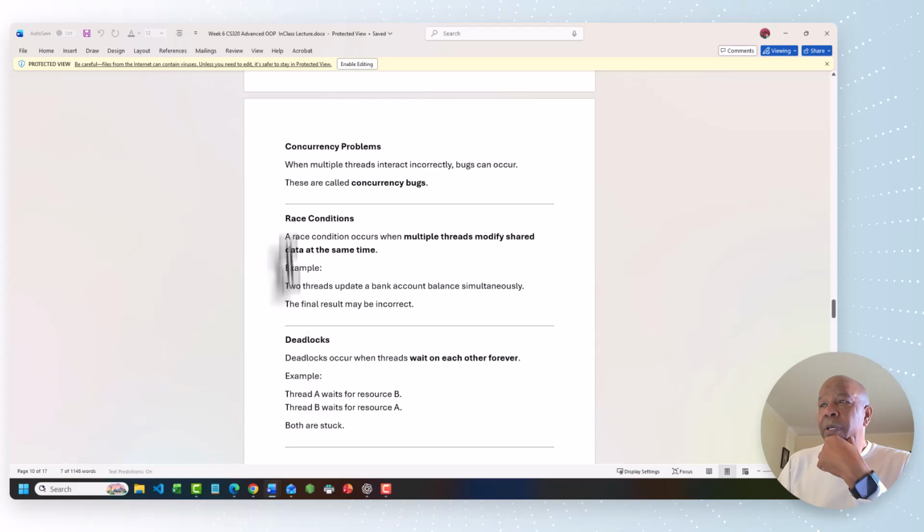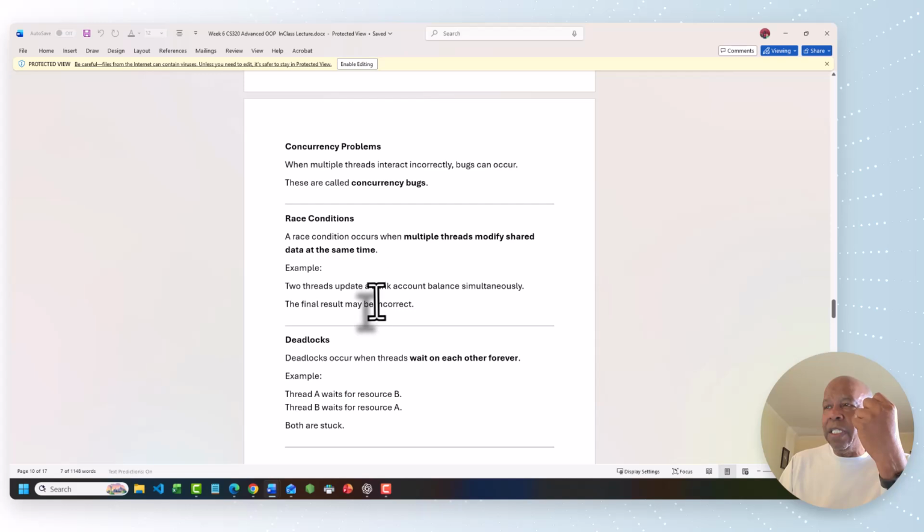Okay, concurrency problems. When threads interact incorrectly, results are unpredictable. We have concurrency bugs. Here's what happens when we're running concurrency. Race conditions: a race condition occurs when multiple threads modify shared data at the same time.